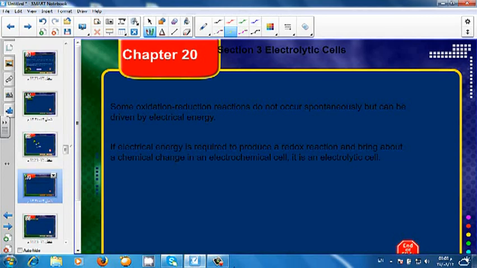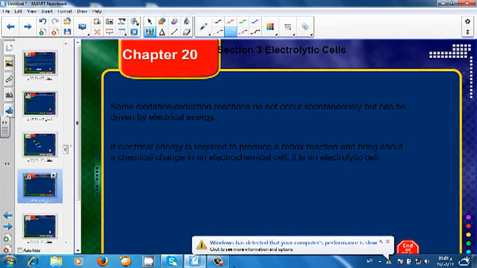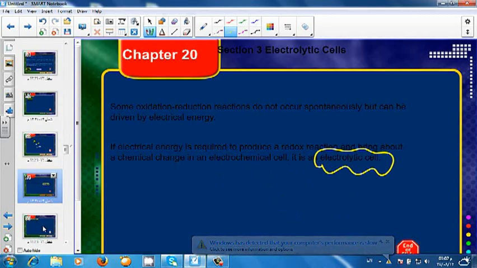If electrical energy is required to produce a redox reaction and bring about a chemical change in the cell, we call this cell an electrolytic cell. So the electrolytic cell is the cell that requires electrical energy in order to have a redox reaction.